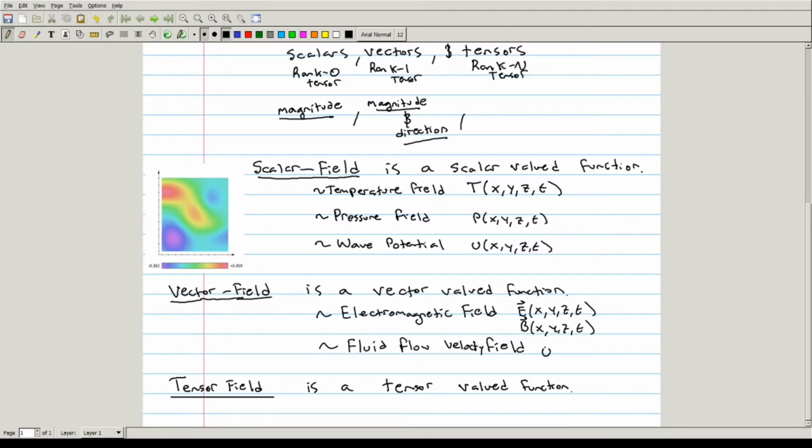It is very often called, say, vector u of x, y, z, and t. It's a function of position and time in general.